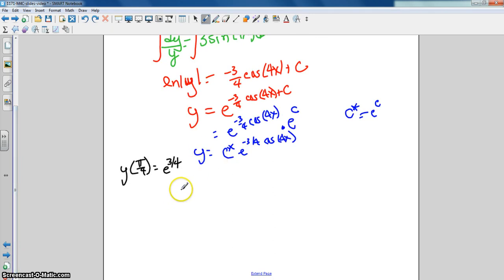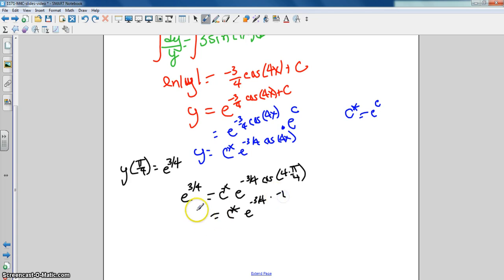So if I put that in, I should get e to the 3/4 is equal to c star e to the minus 3/4 cosine of 4 times pi over 4. This changes to e to the minus 3/4 cosine of essentially pi, which is times minus 1.